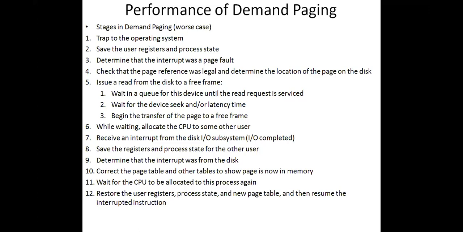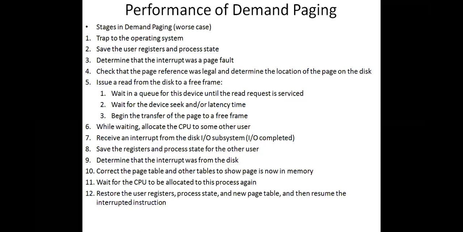Again, we need to switch the CPU from that process back to our process. For that purpose, we need to save the registers and process state of the other process, and then switch back to the previous process. Next, determine that the interrupt was from the disk. Yes, the interrupt is from the disk.